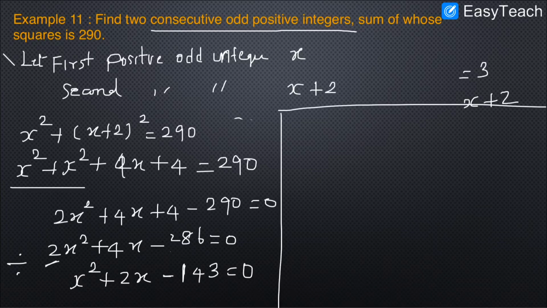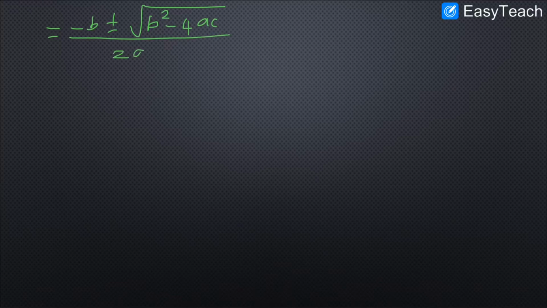Let's apply the formula. Before that, let's find out what a, b and c are. So a is 1, b equals 2 and c equals minus 143. What is our quadratic formula? Minus b plus or minus the root of b squared minus 4ac, the whole divided by 2a.